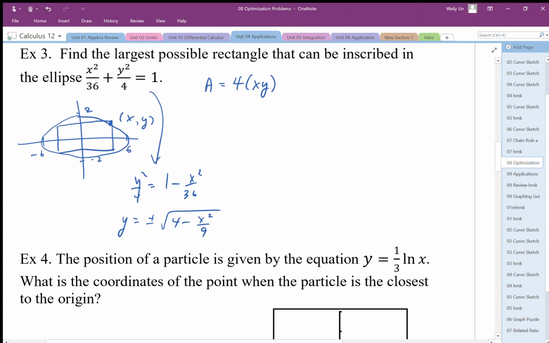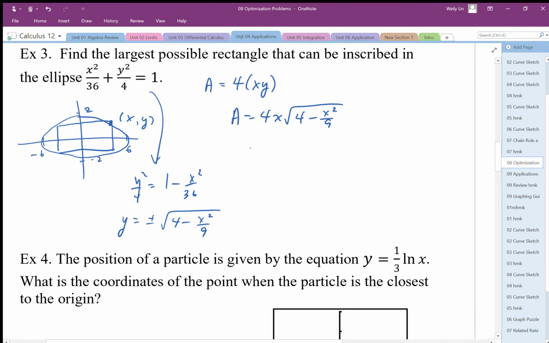So I'm just going to use the positive version of that, and I've now come up with my equation. It's 4 minus x squared over 9. And I've got an equation in terms of x. If I find the maximum of that by differentiating, I can solve the problem.